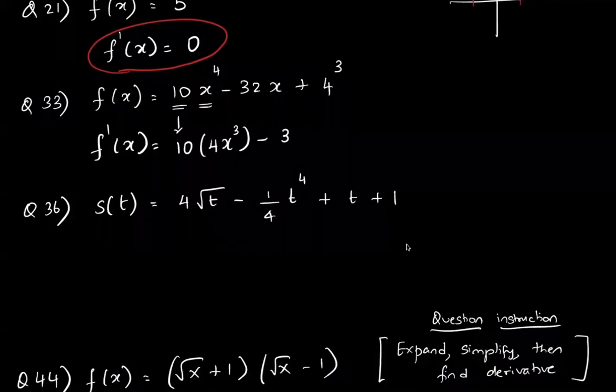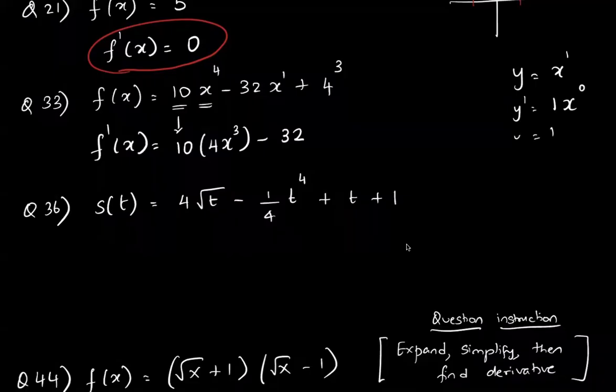Minus, bring the 32 as is and take the derivative of x. x has a power 1 raised to it, right? So the derivative of x by itself is nothing but the old power times the variable raised to the power of 1 less. And anything raised to the power of 0 is 1. So this is just 1, right? So the derivative of x is just 1, and therefore this is 32 multiplied with just 1.